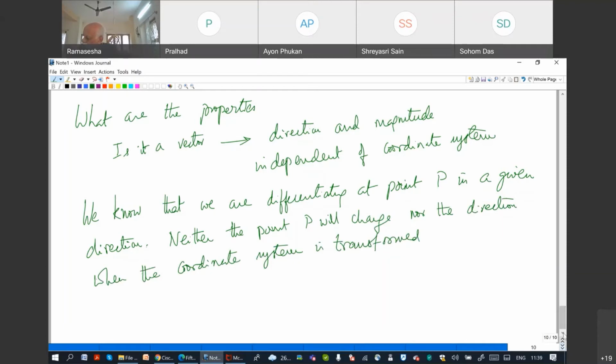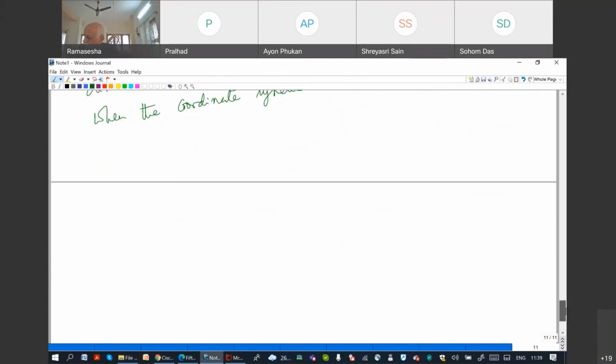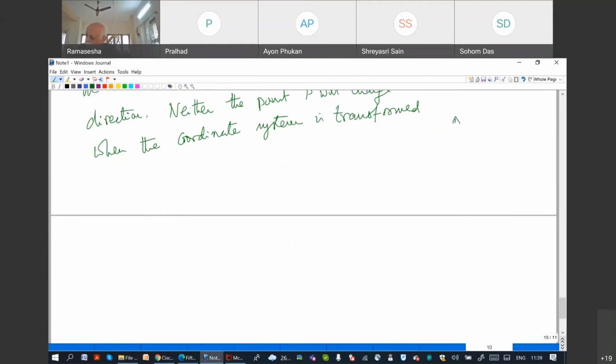So what we mean by that is the following. If I have one coordinate system, and I have a surface like this, and a point P, and I am differentiating along this direction, then if this is I1, I2, I3, supposing I rotate it to some other position, I1', I2', I3'.